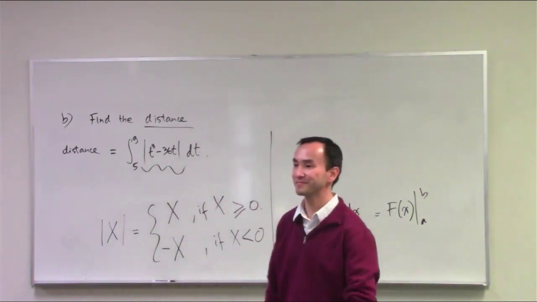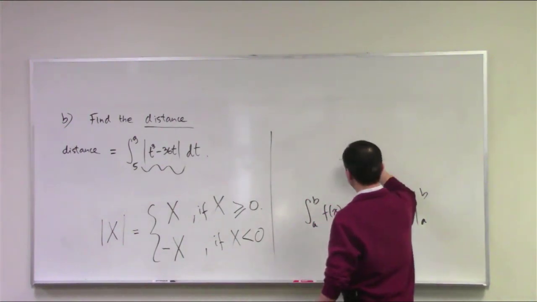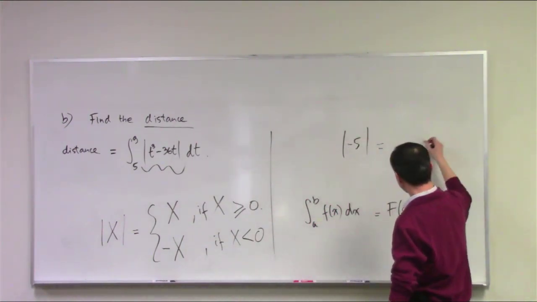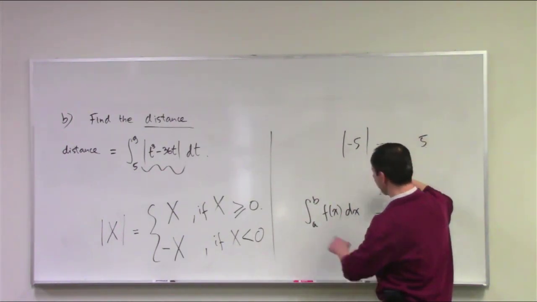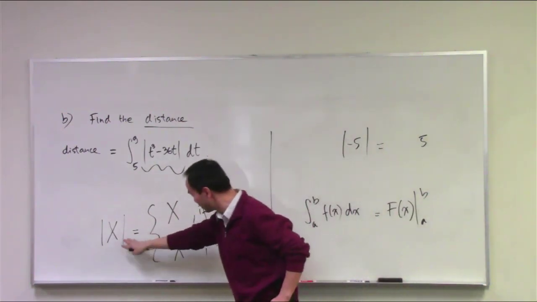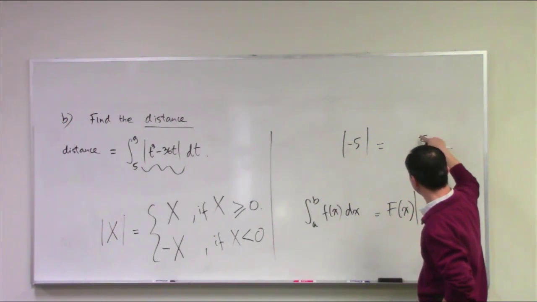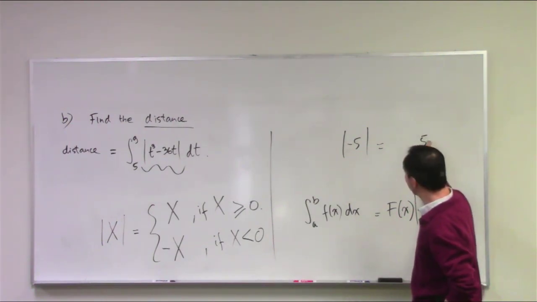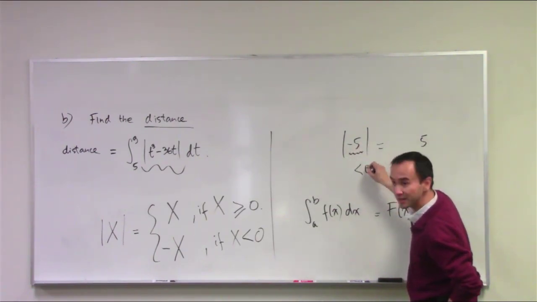See what I'm saying? Think about it in the simplest case: the absolute value of negative 5 comes out to be 5. How is that consistent with this rule? It is simply because at the end I removed the absolute value, and the way of doing that is because my expression inside is negative, less than 0.